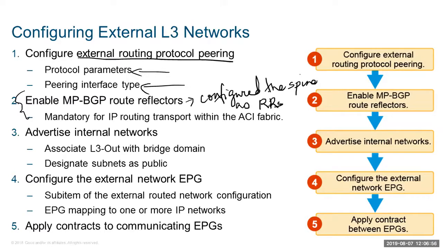If one fails, you still have the other. And also the AS number for your MP-iBGP. On your subnets for the bridge domain, you've got to designate them as public.